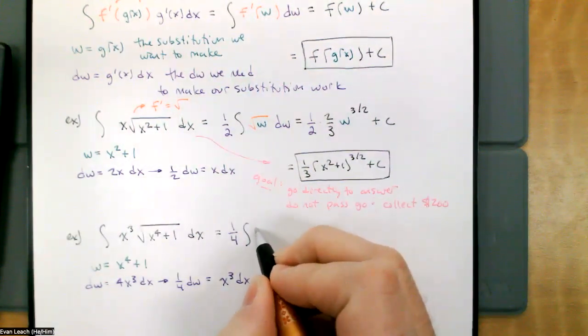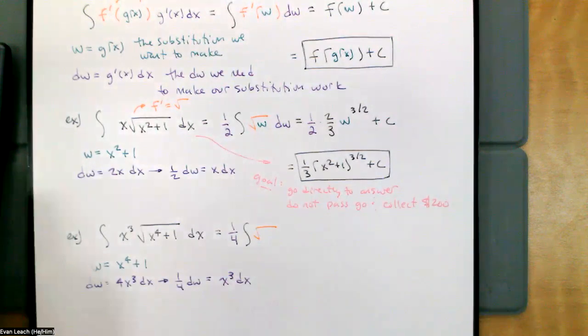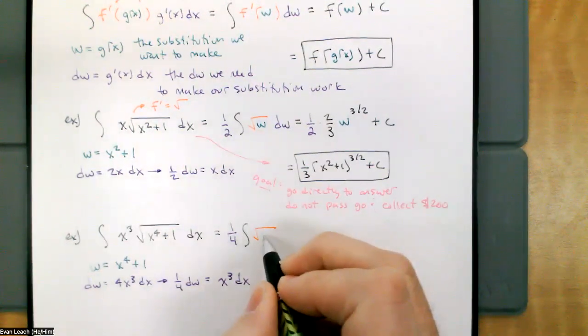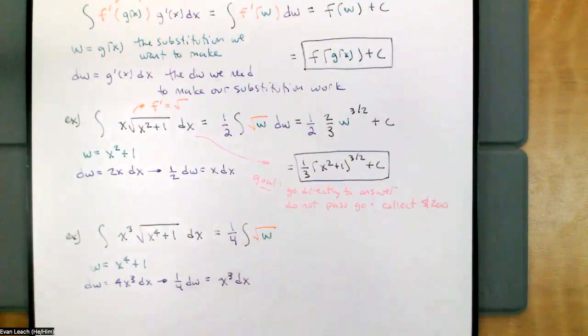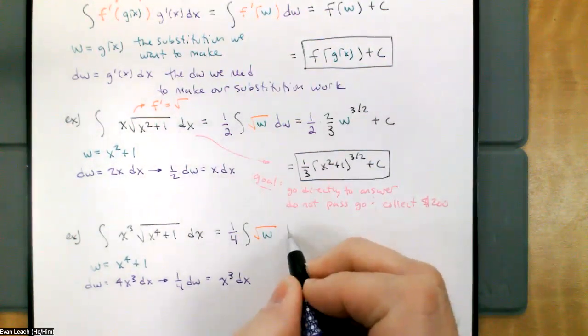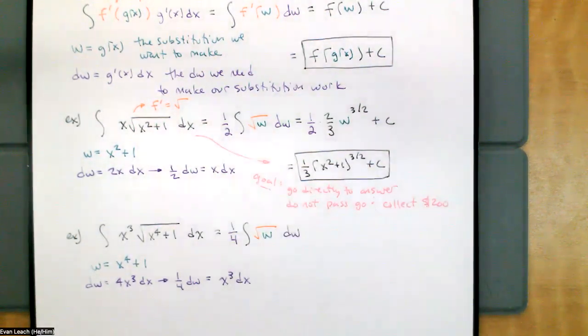Here, we're still working on writing out our details because it's still only like the first couple of days of substitution training. So notice that we ended up with a very similar W integral that we had before. But where before we had a 2x dx and we divided by 2, producing that 1/2, here, the derivative of the inside was a 4x to the third. And so our W integral had a constant of 1/4.